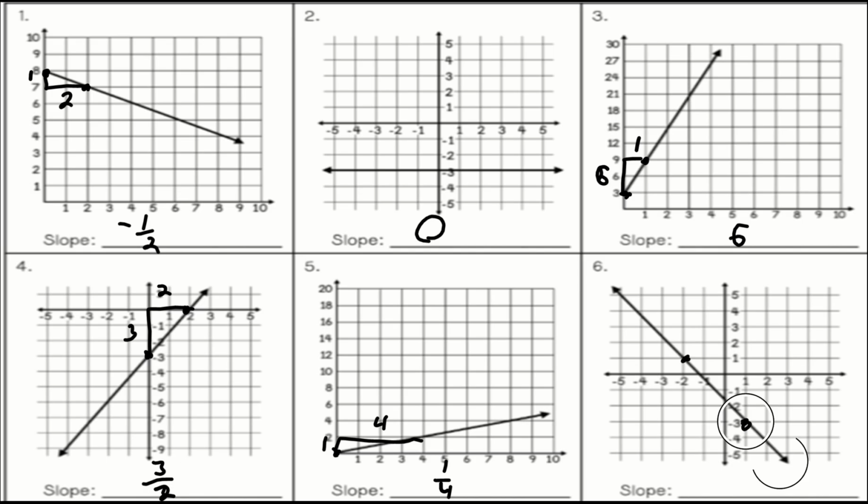Oh, sorry. All right, we got a negative slope. Y'all just ain't listening very well. And we're changing them to mixed numbers, and that's messing me up, sorry. So we got negative 4/3.